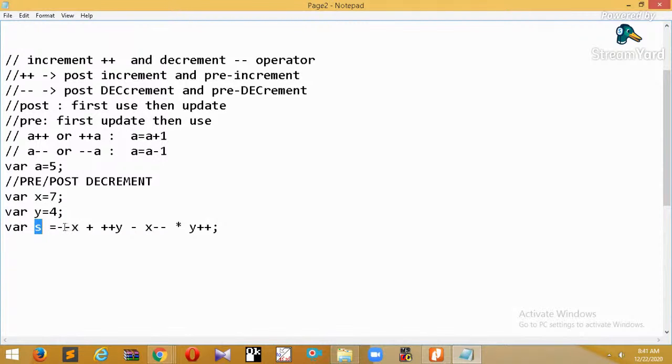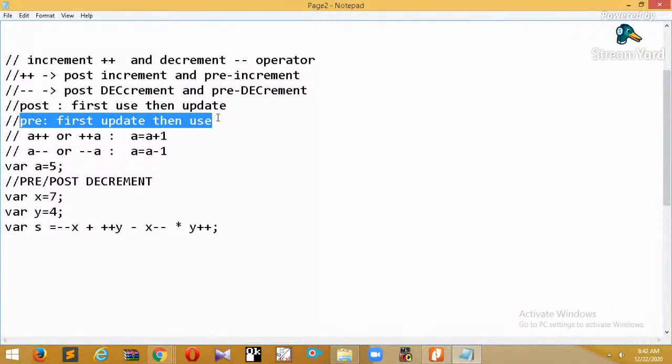Okay. So first of all, how can you proceed with this kind of operation? You should consider the operations from the left side. Here you can see minus minus x. What can we call this? Pre-decrement. Now for pre, what is the general rule?